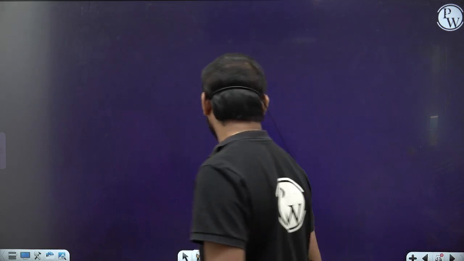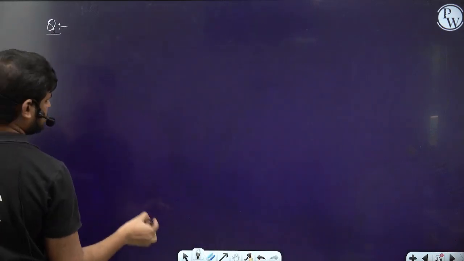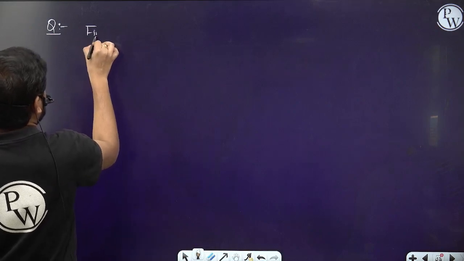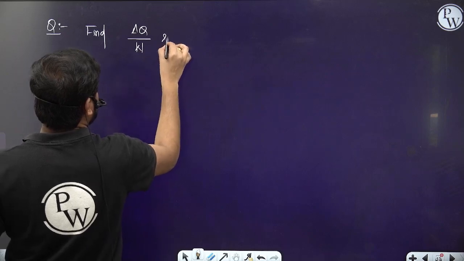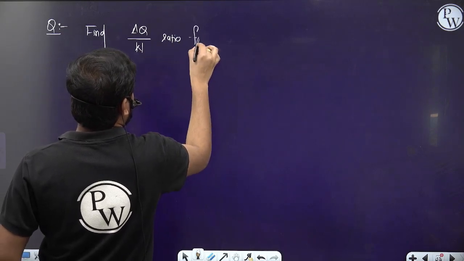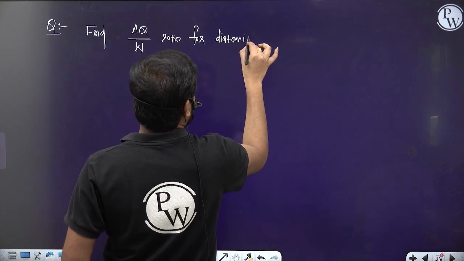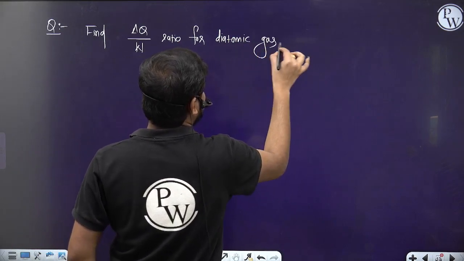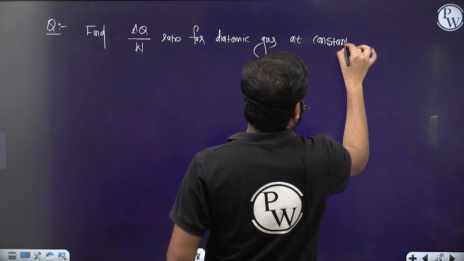Just take this one. The question is: find the delta Q by W ratio for a diatomic gas at constant pressure.